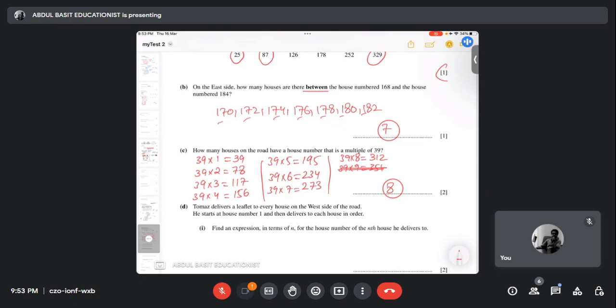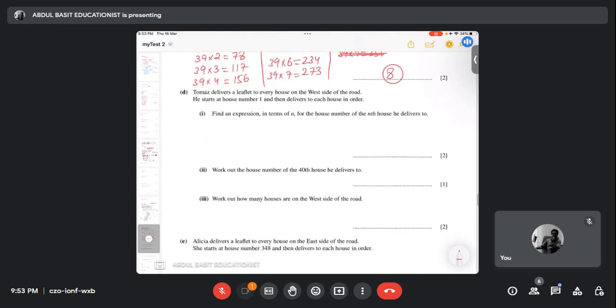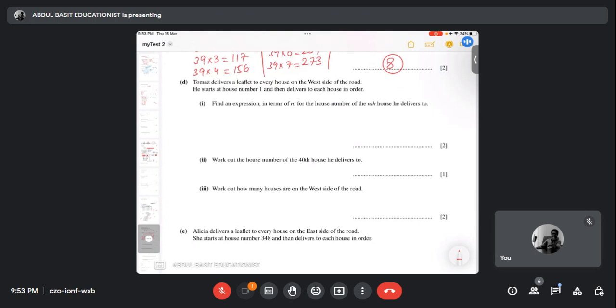Yes. Okay, then they say that Thomas delivers a leaflet to every house on the west side of the road, and he starts at house number 1 and delivers to each house in order. He is delivering only on the west side, which means we need to make an expression for the odd numbers 1 3 5 7 9. Rida, is it +2 or not? Yes sir. So this means that an equals a1 plus n minus 1 times d, and d we have is +2. So 1 + 2n - 2, okay, 2n - 2 + 1, so 2n - 1 is the answer.